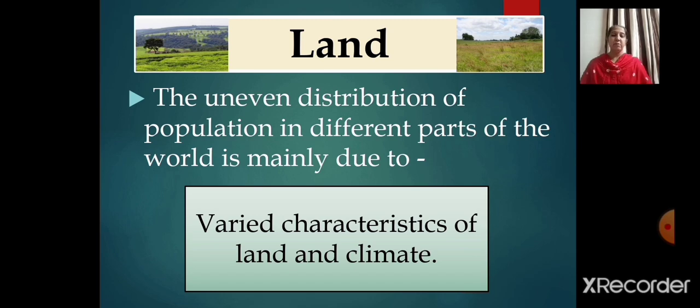The remaining 70% of the land is either sparsely populated or uninhabited. Uninhabited means the inhabitants don't live there. So the uneven distribution of population in different parts of the world is mainly due to the varied characteristics of land and climate.